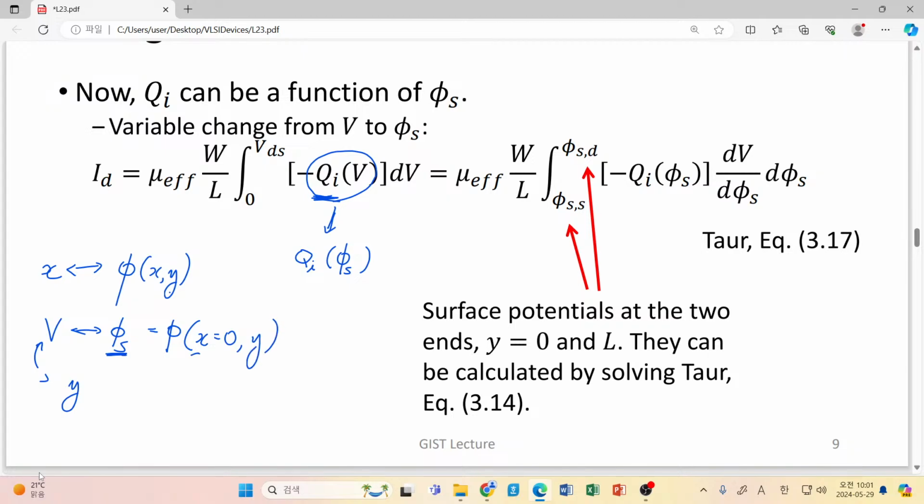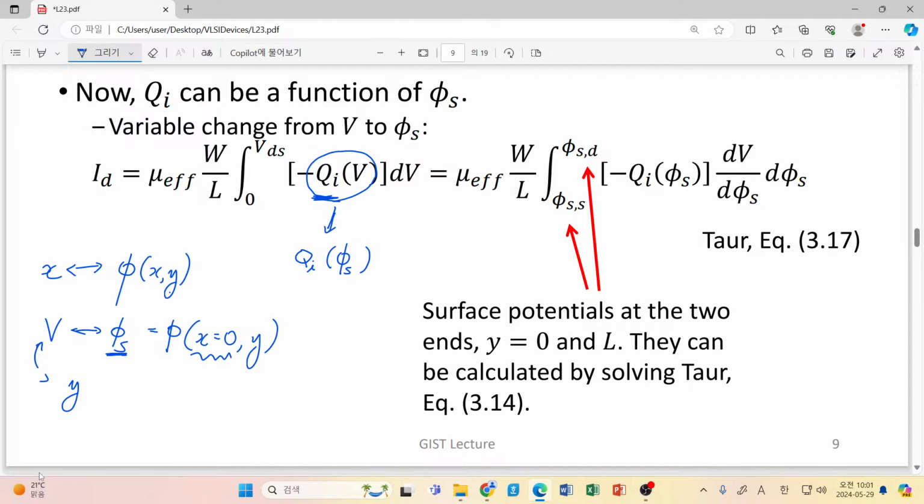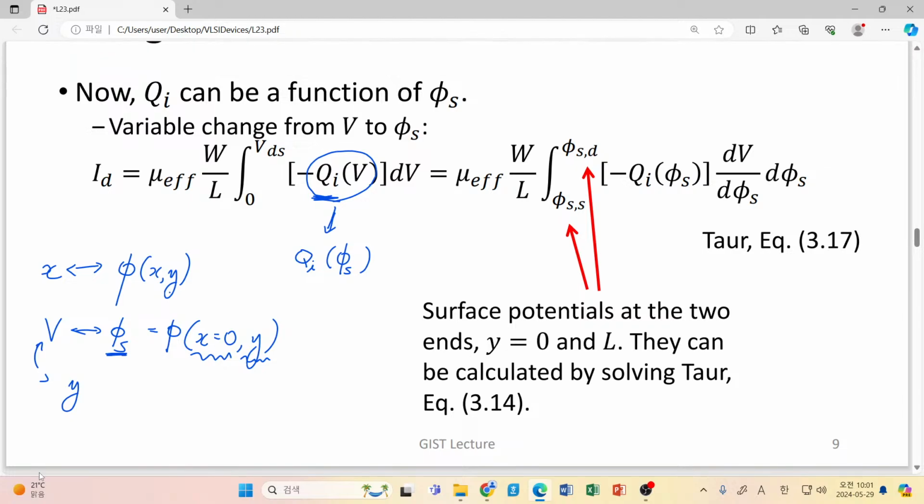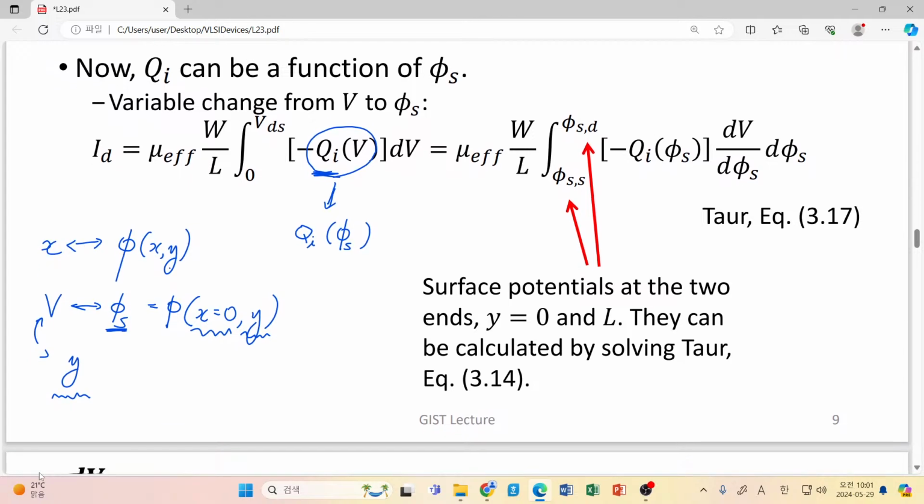So it no longer depends on the x position, and it only depends on the y position. That's the reason why phi s can be regarded as a representation of the other position variable y. So now they are interchangeable. So this dV integral is now changed to a d phi s integral.